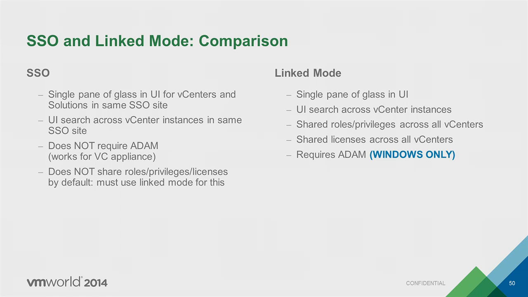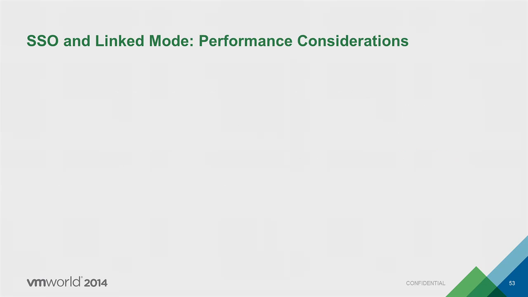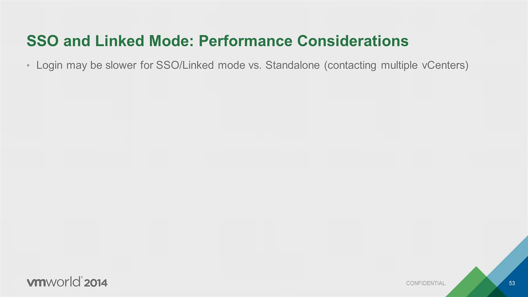So, now, let's talk a little bit about the performance considerations. A lot of times I get the question, hey, I'm deploying linked mode or SSO, do I have to reprovision my network for cooperating vCenters? And the short answer is, first let's talk about what sorts of implications you might have. When you communicate with different vCenters, I'll just be honest with you, your login experience might be slower. It might be slower because you have to contact vCenters, some of which might be remote, okay?